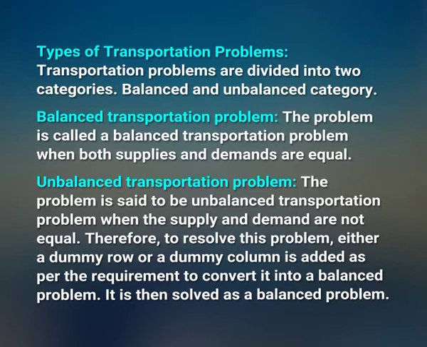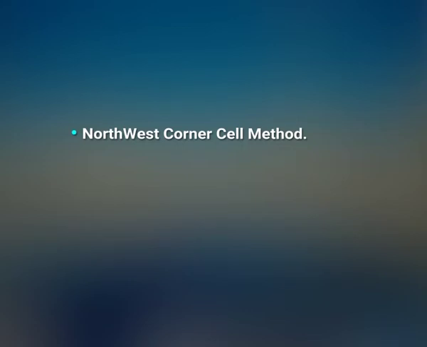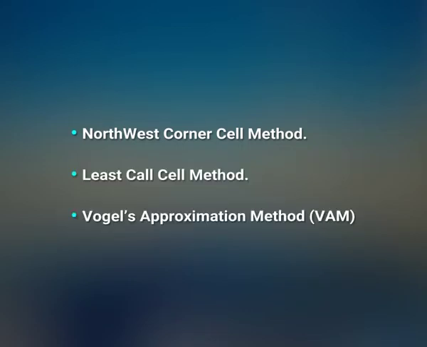Therefore, to resolve this problem, either a dummy row or a dummy column is added as per the requirement to convert it into a balanced problem. It is then solved as a balanced problem. Let us discuss the methods to solve these transportation problems. These methods are the northwest corner cell method, least cost cell method, and Vogel's approximation method.